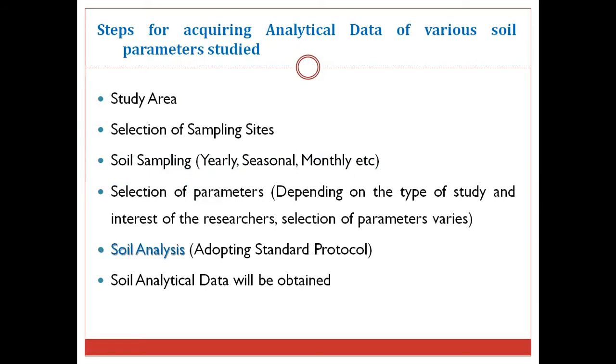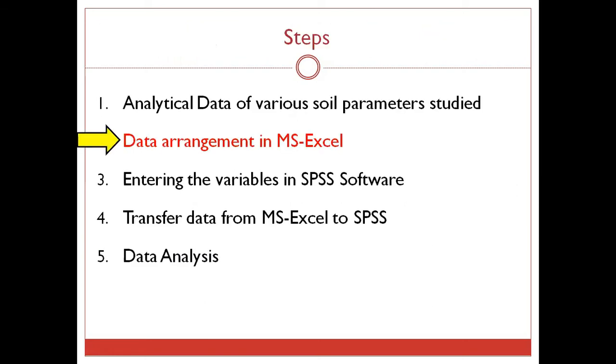Then, the selected parameters will be analyzed adopting the standard protocol or standard method of analysis. And then finally, soil analytical data will be obtained. Once the data are obtained, the next step is the arrangement of the soil analytical data in a Microsoft Excel sheet.